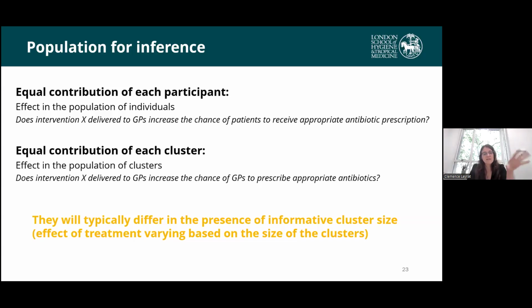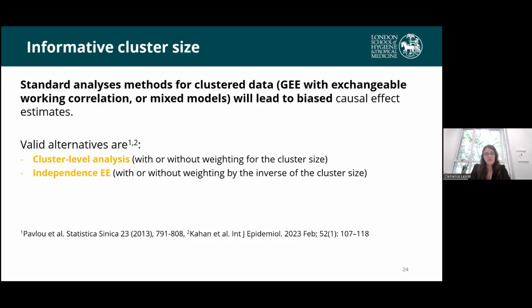And these two quantities or estimates will typically differ when we have what we call informative cluster size. That is when the effect of treatment differs based on the size of clusters. So an intervention can work very well in small clusters and not at all in large clusters. In this situation, standard methods for cluster data that are very popular in cluster randomized trials, for example, mixed models or GEE with exchangeable working correlation, will be biased for estimating causal effects.